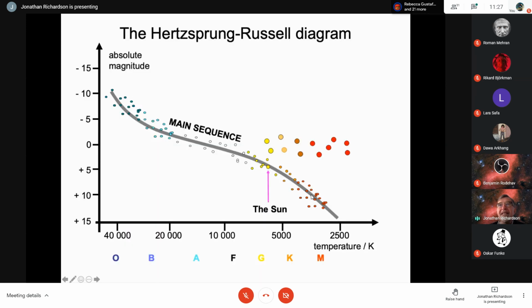But we can continue to another group of stars that sit slightly off the main sequence. Let me just turn on the laser pointer. So we've got this group of stars just here, which are called the giant stars.